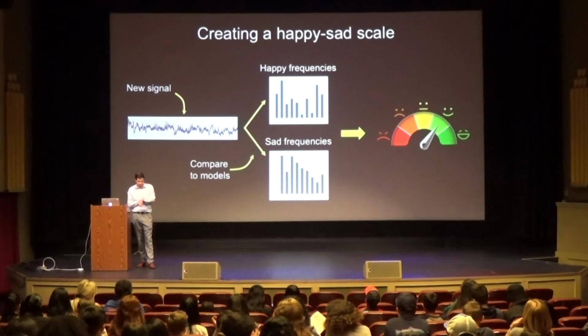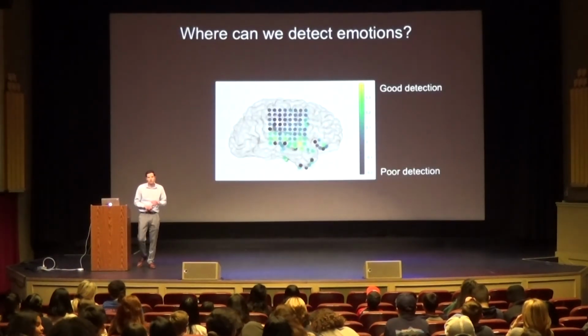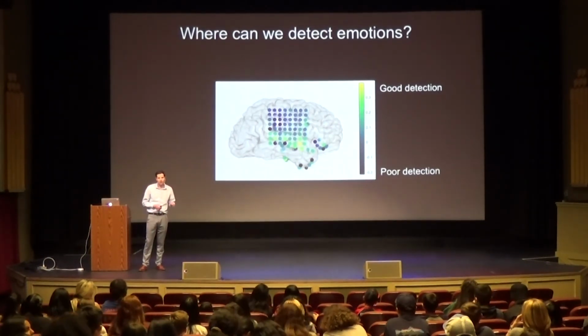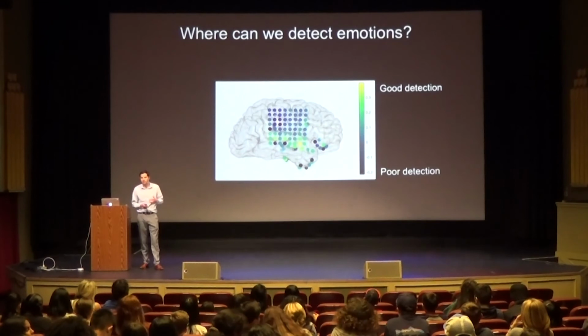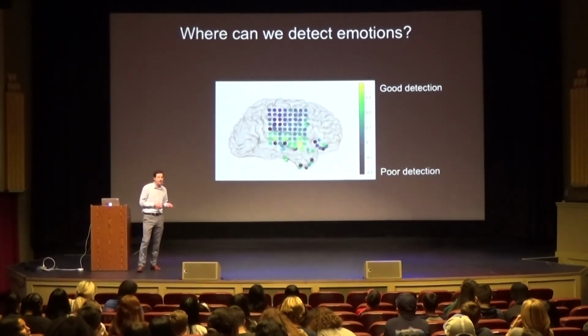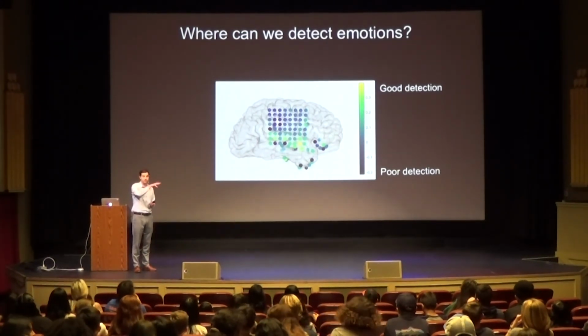We can then validate the model by determining how well our model predicts whether the patient is happy or sad. And we can see how well our model does as a function of location in the brain.